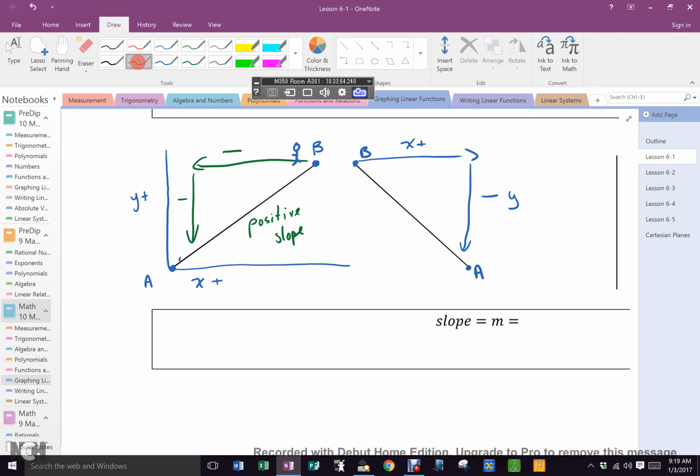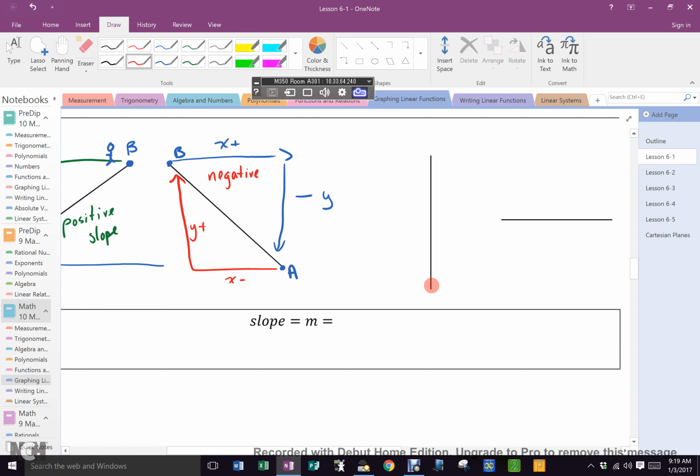And if I reverse that and I go A to B, what happens to my x? My x is negative. What happens to my y? My y is positive. So this is what we call a negative slope, because the signs are changed, the directions are opposite of each other. Everybody cool there?